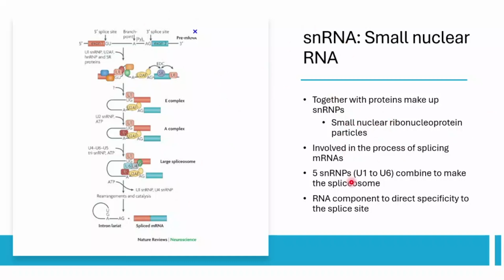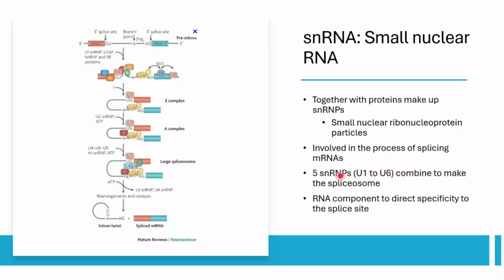There is 5 of them. So small nuclear ribonucleoprotein particles are basically SNRPs, okay? So there's 5 SNRPs, U1 to U6, and the U is used just to remind us that it's a sequence rich in uridine. So this is one of the features of these small nuclear RNAs. They're rich in uridine, okay?